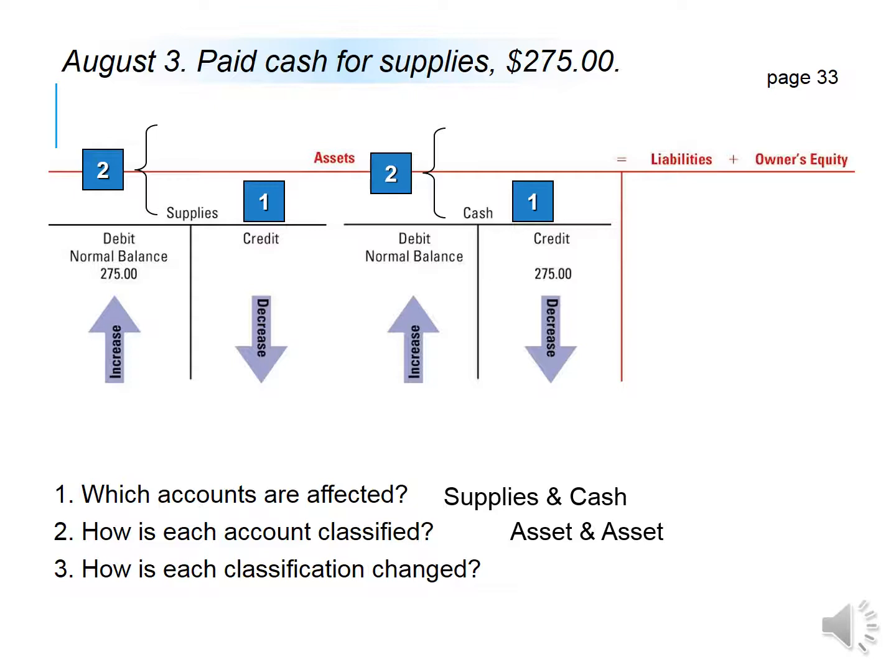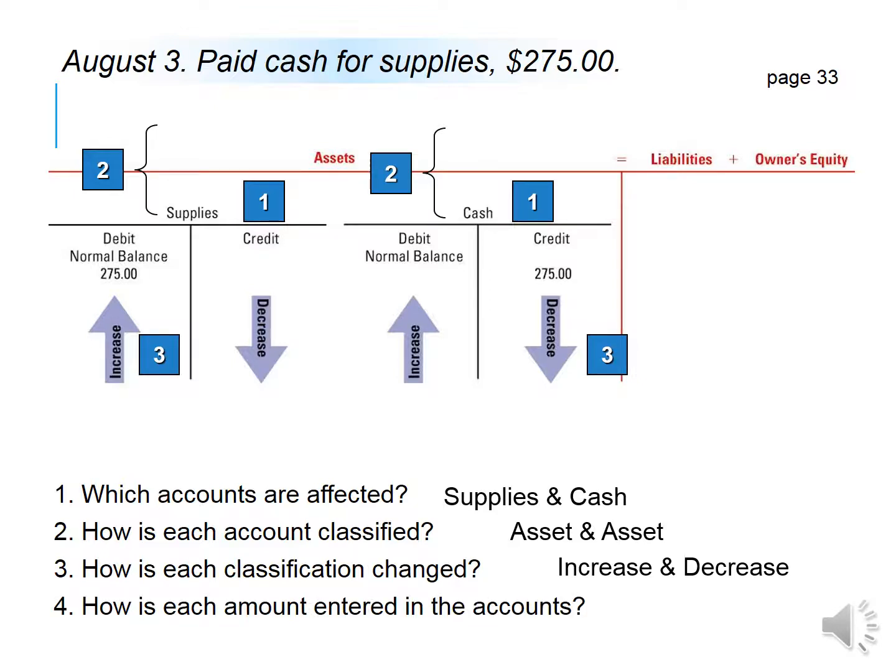Remember, to decrease the cash account, we have to use the right side. So we're going to have an increase of supplies and a decrease in cash. So how is each amount entered in the accounts? To increase supplies, we will debit supplies. To decrease cash, we will credit the cash account.